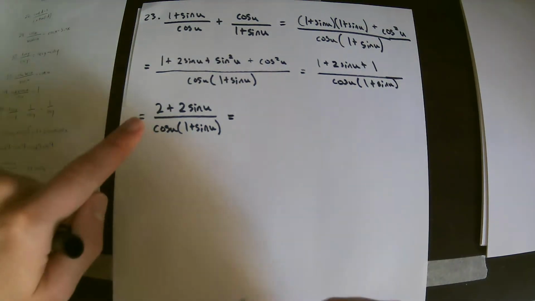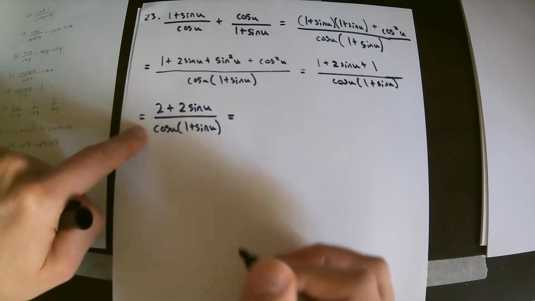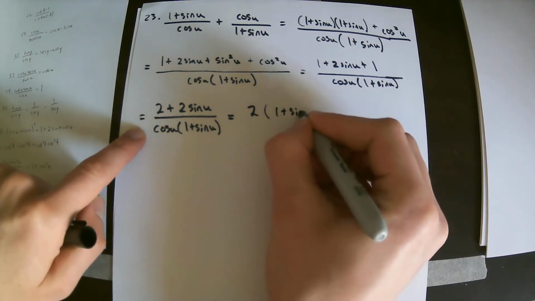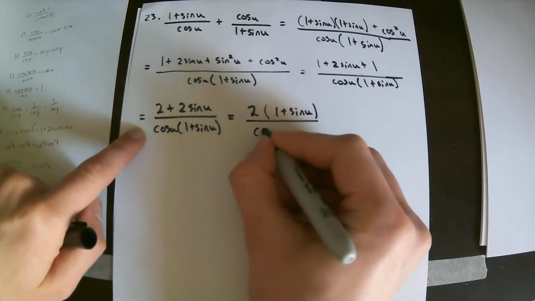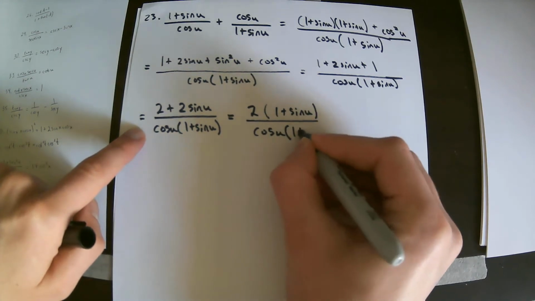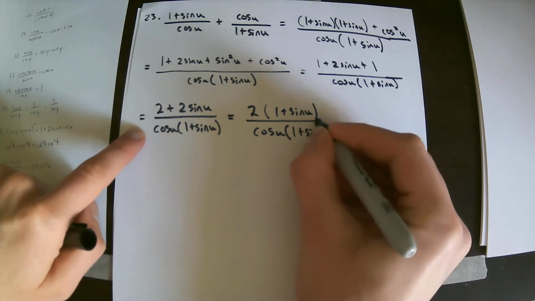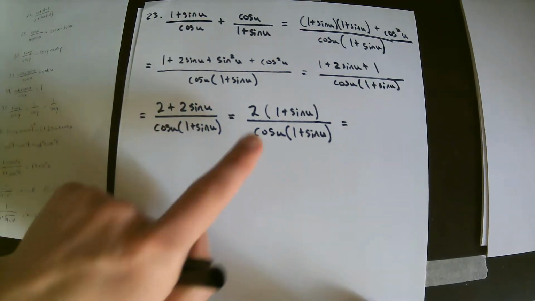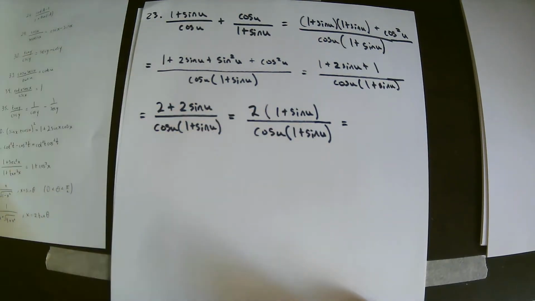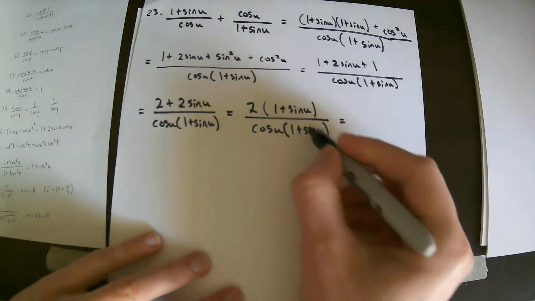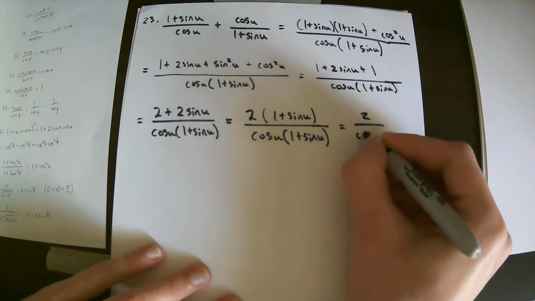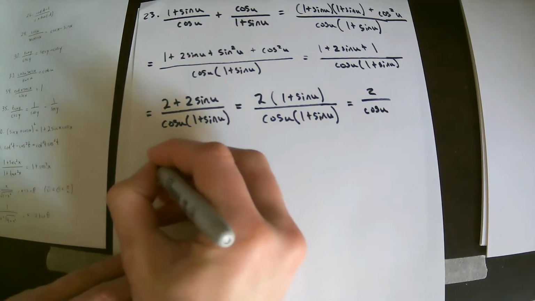Then I'm going to factor a 2 out of the top, so I'm going to have 2 times 1 plus sine u over cosine u, 1 plus sine u. So I factored this 2 out, leaving me with a 1 plus sine u, and then you'll see the 1 plus sine u factors are going to cancel, leaving me with 2 over cosine u, and I'm almost done.